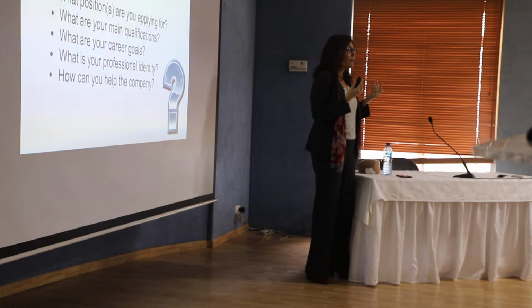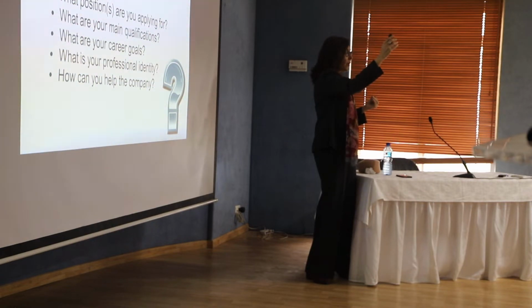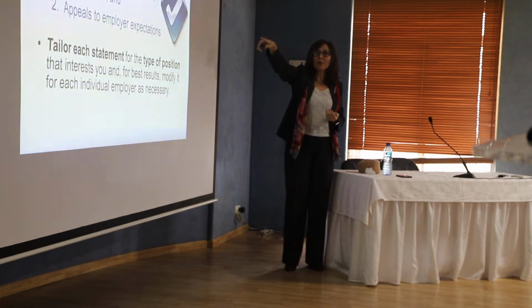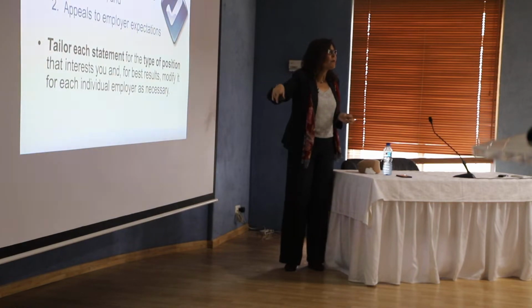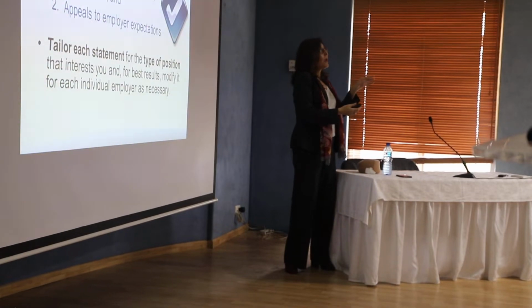If I don't have a benefit, then why should he or she hire me? Okay, so we keep this in mind. Always address the need of your reader in order to be selected. Next slide. So this is what we said, emphasize your qualifications that appeal to the reader. And as I said before, we have to tailor each statement according to the job that I'm applying to.